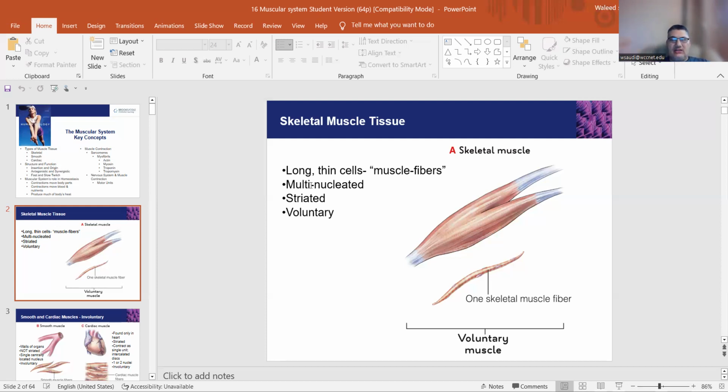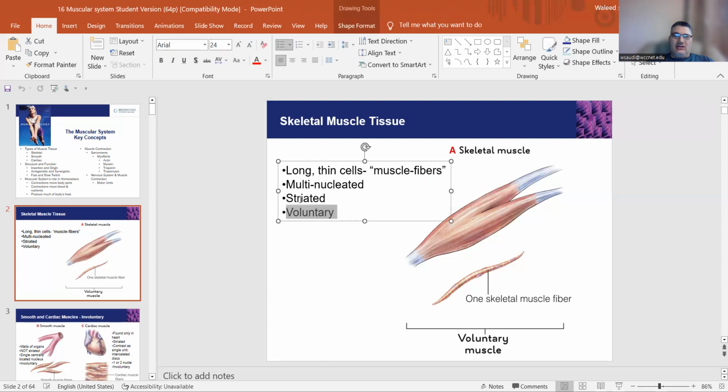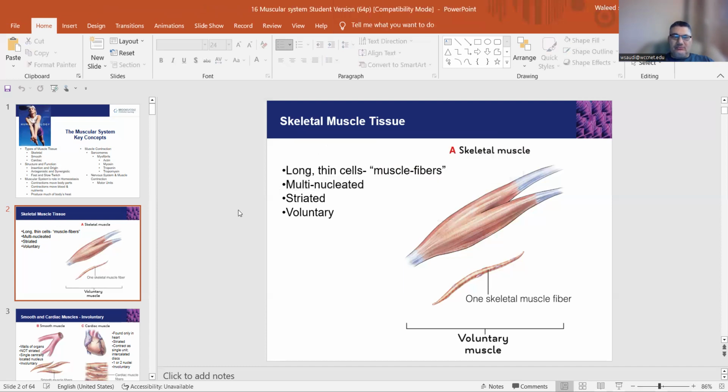You need to know these basics, criteria about each one of these muscles. Voluntary, long and thin. It's called muscle fiber. Multinucleated. Why is it multinucleated? Why only this one that has several nuclei? And also why is it big? Because it comes from fusion of a group of cells. I will talk about it.